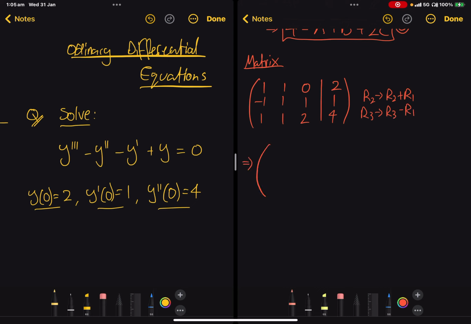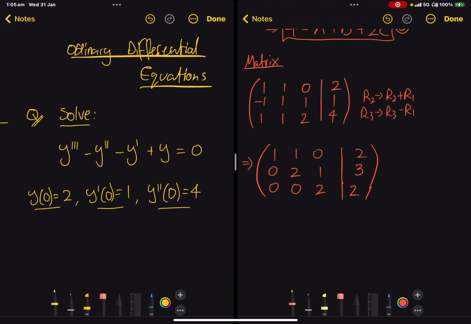So this will give us a new matrix, 1, 1, 0. Second row, we're adding the first row. So minus 1 plus 1 is 0, 1 plus 1 is 2, 1 plus 0 is 1, 1 plus 2 is 3. And then the third row, we're going to minus the first row. 1 minus 1 is 0, 1 minus 1 is 0, 2 minus 0 is 2, 4 minus 2 is 2.